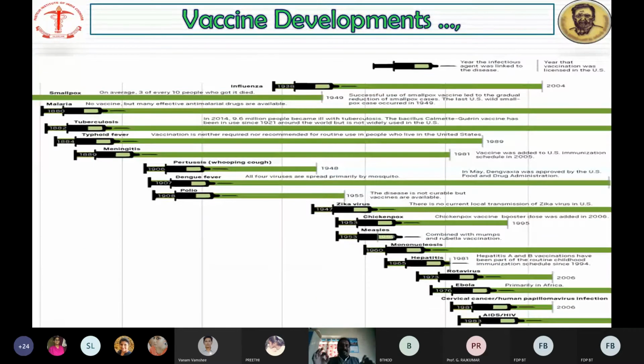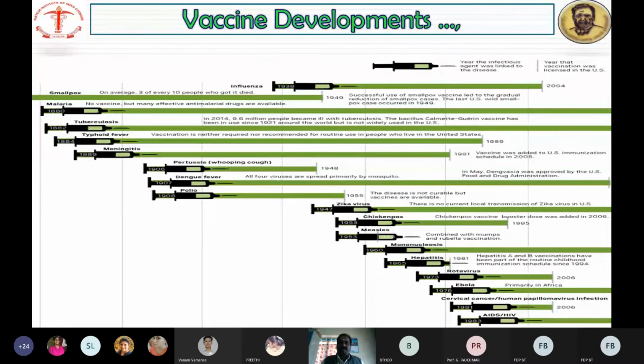Okay, now in this picture you can see some details about vaccine development and how long it takes. The syringe marks where the infectious agent was linked to the disease, and here the vaccine was licensed in the USA. For example, influenza: we found the disease in 1938, and after a lot of research and development, the influenza vaccine was implemented in 2004.